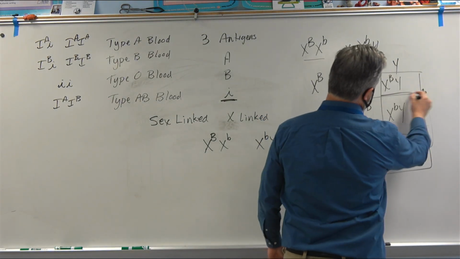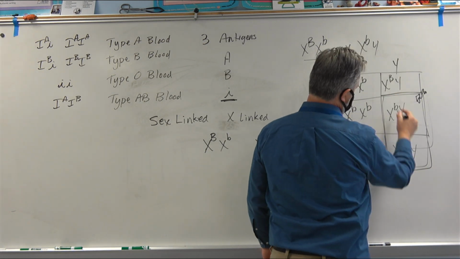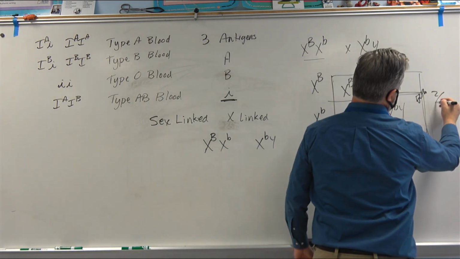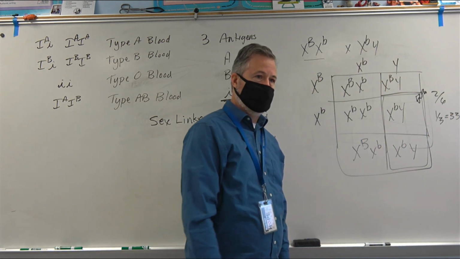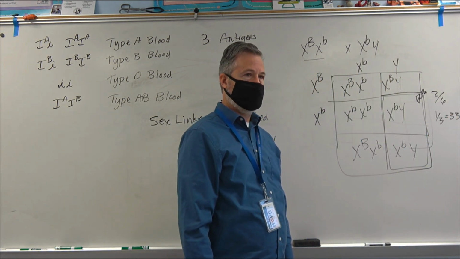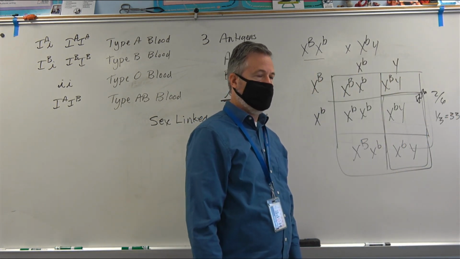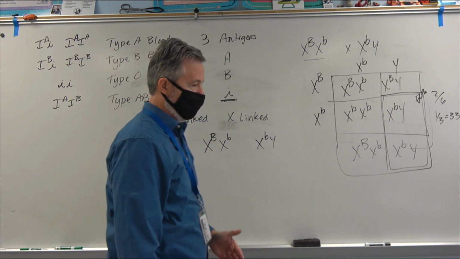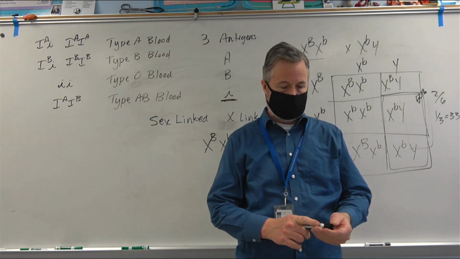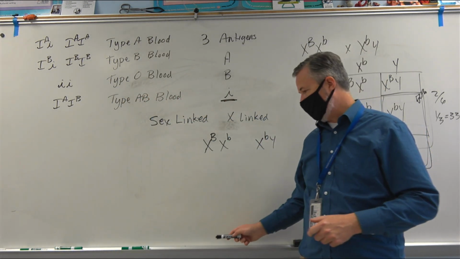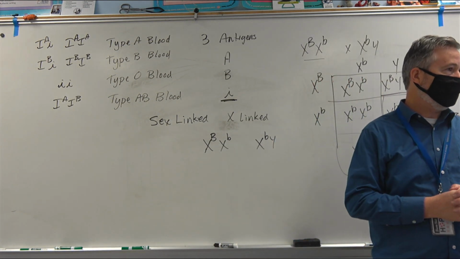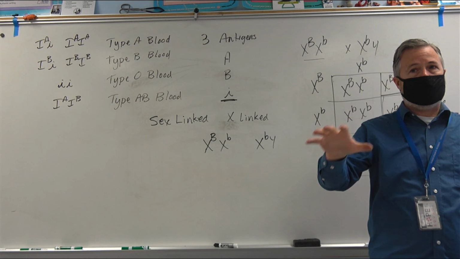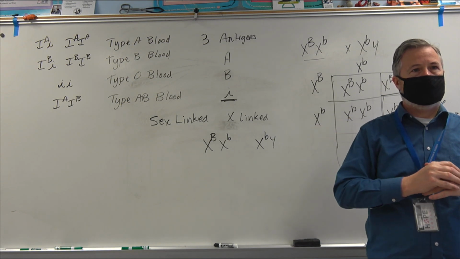Now we have 2 of these out of a possible 6. That's how you would do that. Does that make sense? Okay. There is another little trick, but I don't want to throw that other trick at you yet. But there's another trick where you can multiply out the probabilities to do it. Any questions? You guys got it?